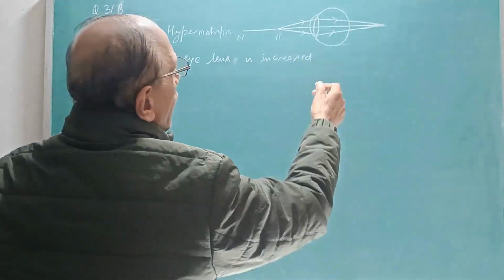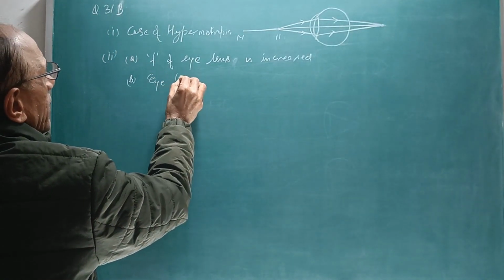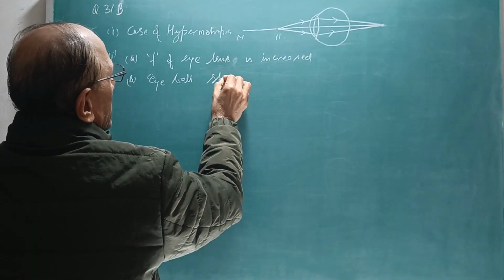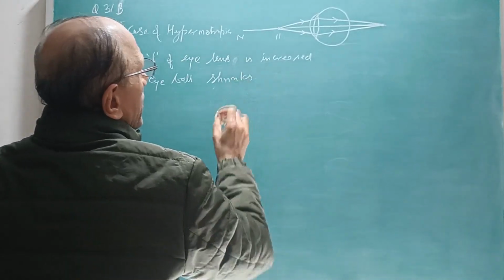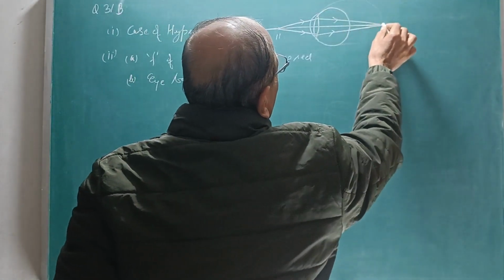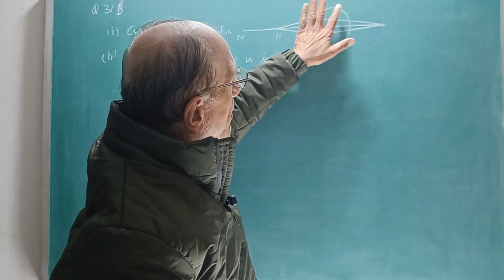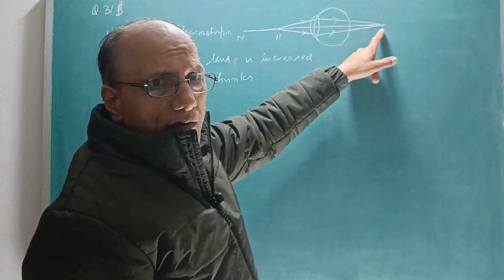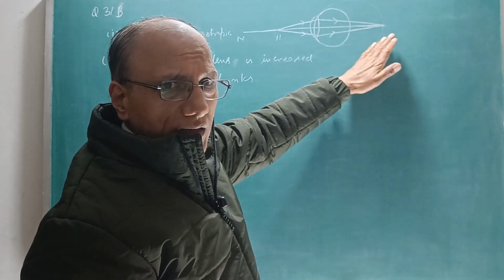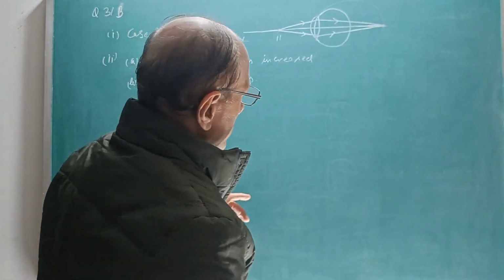And the second reason is that the eyeball shrinks. Means instead of the eyeball being like this, it just shrinks. So if the eyeball shrinks, the point of image will still fall outside the retina.